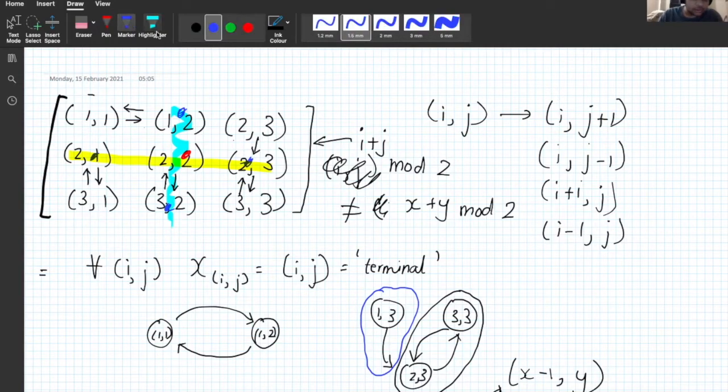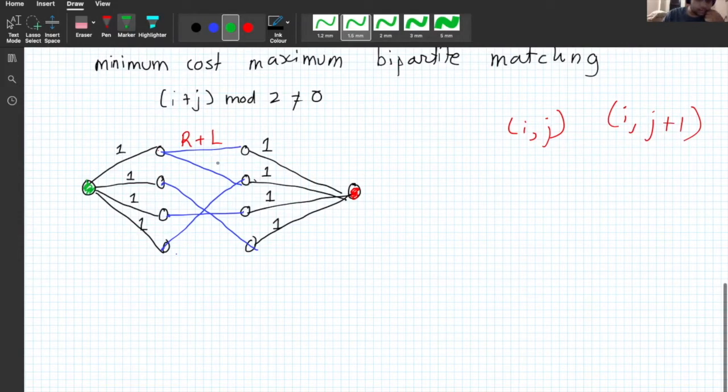For a column connection, the cost should be U plus D. You do this for everything, and you set the flow capacity for each edge to 1 only. The things I'm telling you right now are the costs, the R plus L and U plus D. Then you do the max flow min cost thing, and you get the maximum flow for the minimum cost.